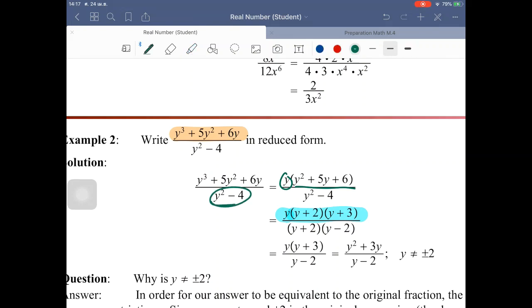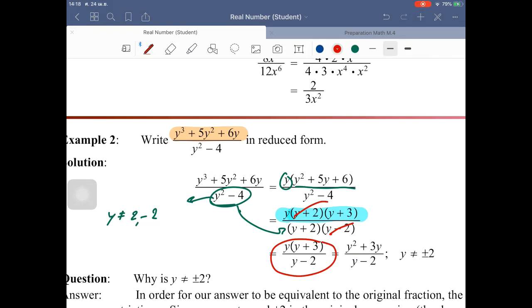But the first step, you have to know that y cannot be 2 and negative 2. Because if y were 2 or negative 2, this expression will have no answer because the denominator is 0. And then you factorize this, you will get y plus 2 and y minus 2. You can eliminate this one here. So the simplest form of this will be this term, isn't it?